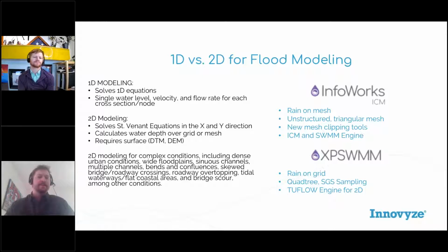And that ties into the last point there in terms of what scenarios might be good for a 2D analysis. But bottom line, when we're doing a 1D analysis, you're solving equations from a 1D perspective. Go ahead, Ryan. An important part of that is you're making assumptions, especially with cross sections doing a riverine analysis, you're assuming that everything across that line is the same in terms of depth and velocity.